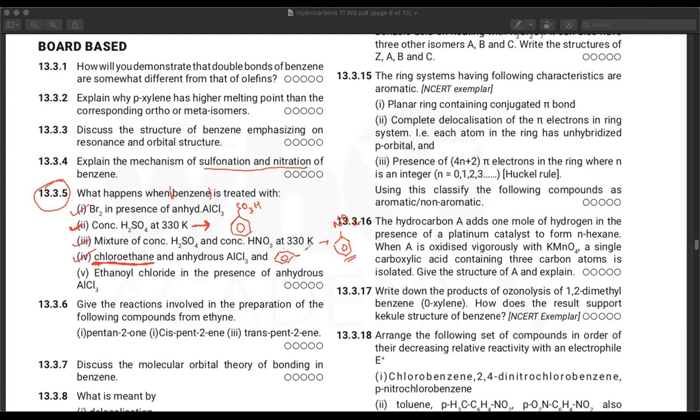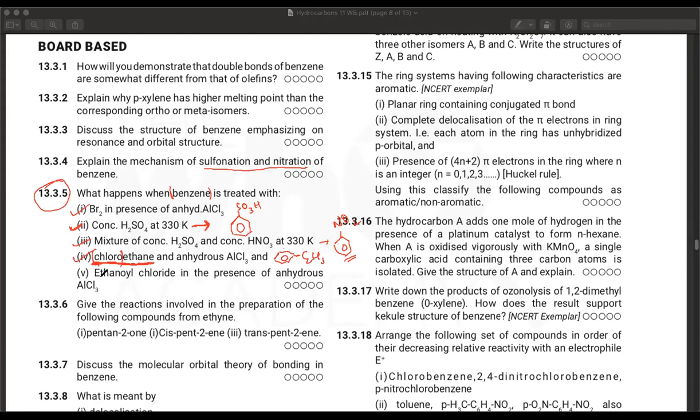Ethyl. Chloroethyl or ethyl or chloro? Ethyl. So the chloro group will be gone with the H that's getting substituted out. So only the ethyl group will be added here.